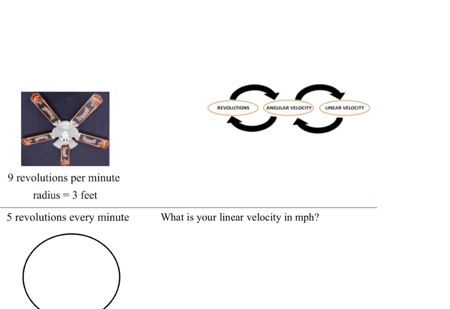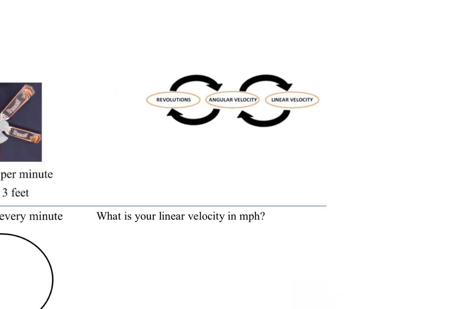So on this page, at the top, in this little corner, is a little shortcut. If you happen to know revolutions, all you've got to do is multiply that by 2 pi to get to the angular velocity. And then to go from angular velocity to the linear velocity, all you've got to do is multiply by the radius.